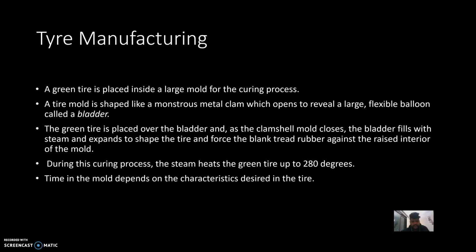The green tire is placed over the bladder and the clamshell mold closes, and as it closes, the bladder fills with steam and expands to the shape of the tire. During the curing process, the steam heats the green tire up to 280 degrees, and the time in the mold depends on the characteristics desired for the tire.